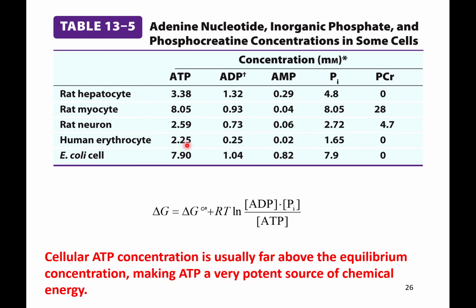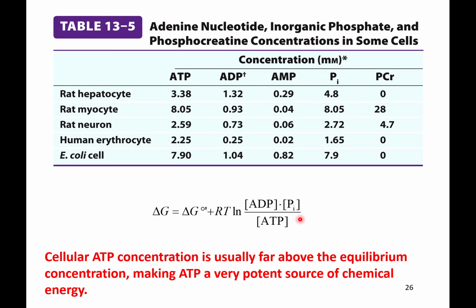What you will notice though is that the ATP concentrations are generally pretty high. The ADP and the AMP, especially AMP, concentrations are relatively low compared to ATP.